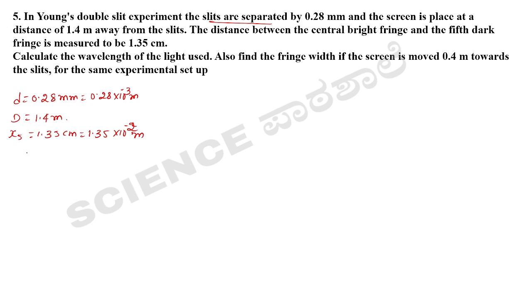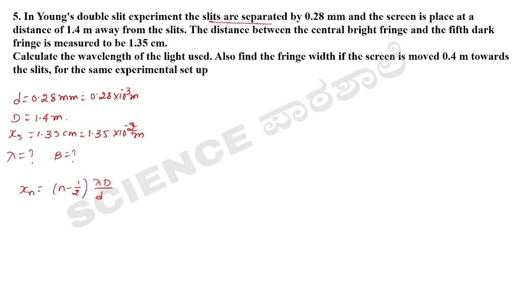Okay. See here, we don't know lambda here, and beta is not given. What we have to calculate? We have to calculate lambda, and also we have to calculate beta, the fringe width. Okay. So now see, we know the formula xn is equal to n minus 1 by 2 into lambda capital D by small d.